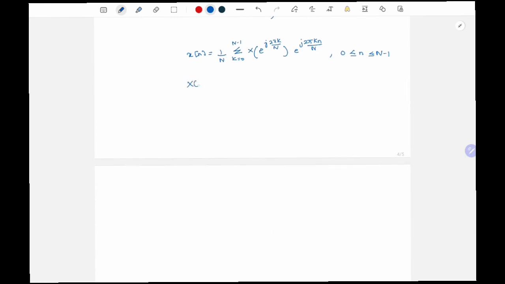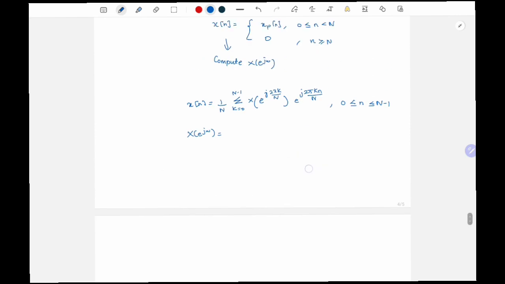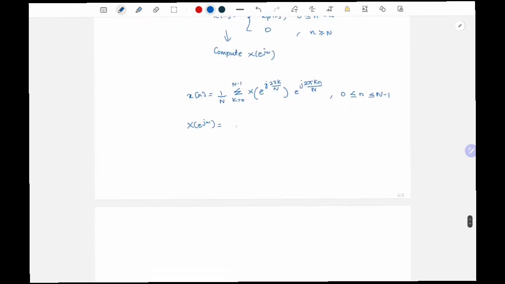And what is my X(e^jω)? My X(e^jω) is the summation n equal to 0 to N minus 1. If x[n] is limited to L, then you can use L minus 1, but anyway we'll go with N minus 1, since even if it is limited to L, for n greater than L and less than N it is going to be 0, right?